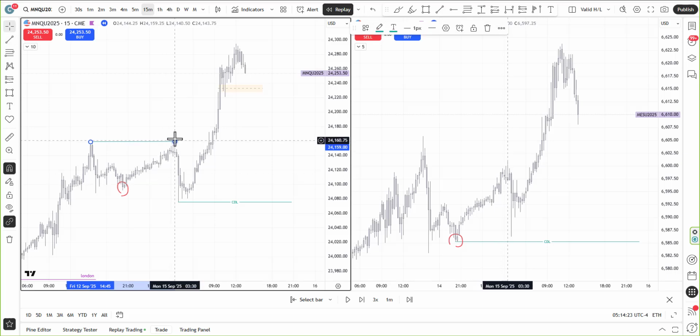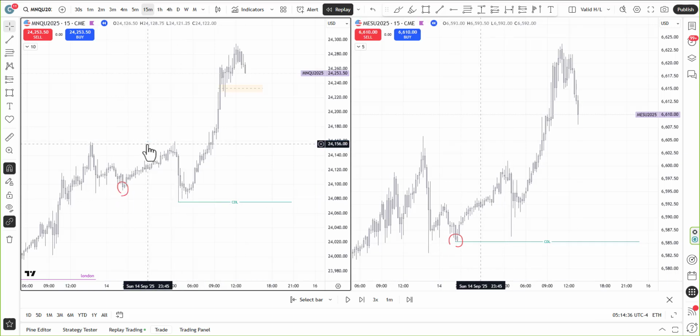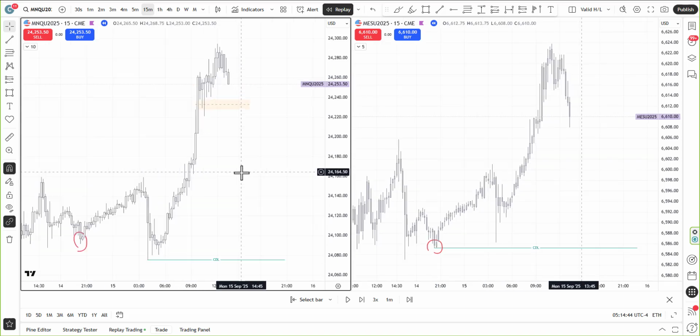So we have a slightly higher high here on NQ and an obvious lower high for ES. Then there was a higher low for ES and a lower low for NQ. So it's very difficult to get an idea or the temperature for what is the likely move next.